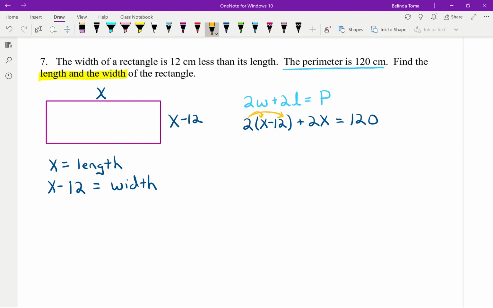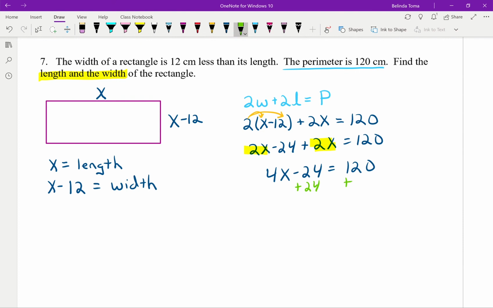We've, of course, learned a lot about the distributive property at this point. And we know how to combine our like terms. So we have a 2x plus a 2x. And of course, we want to simplify one side of the equal sign before we cross over. Now we're isolating our variable. And when we undo that multiplication by dividing by 4, we get x is equal to 36.